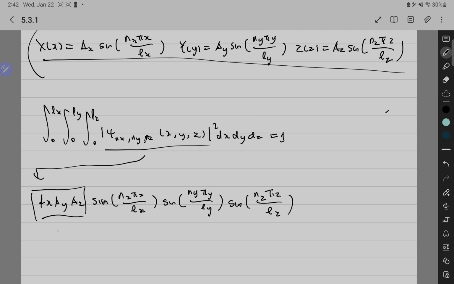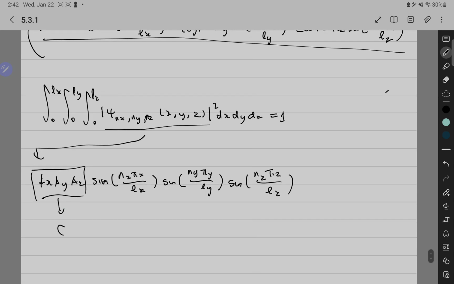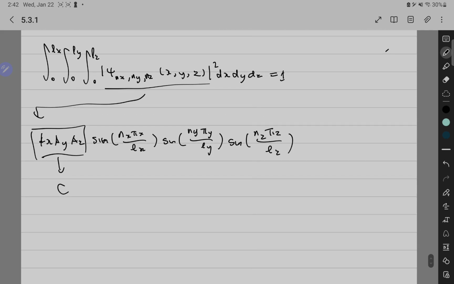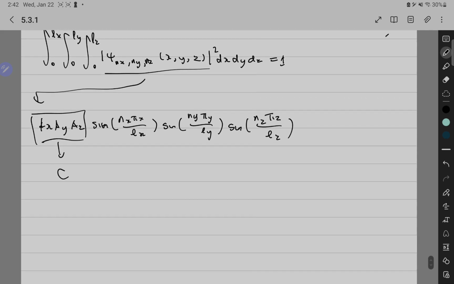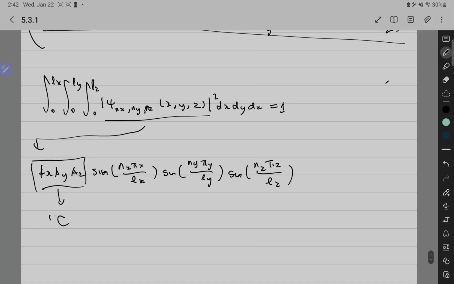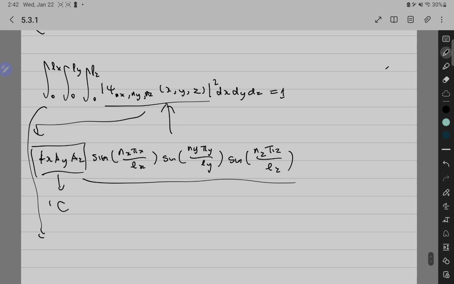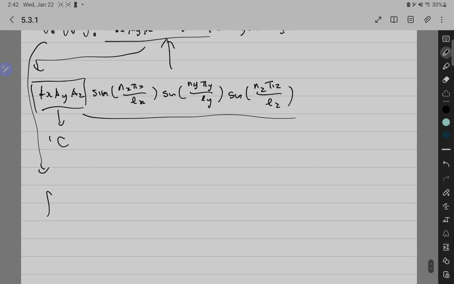If we just call this constant Ax Ay Az C, and we plug this in, what we get is the integration from 0 to lx, 0 to ly, 0 to lz.